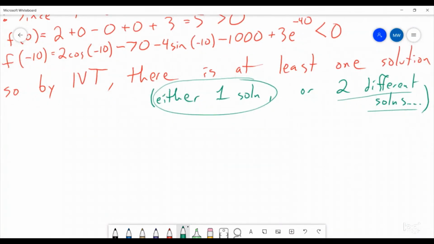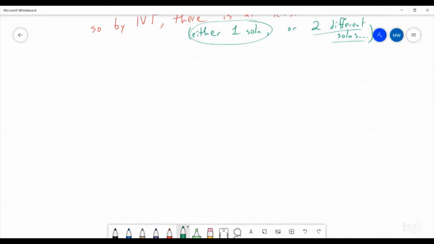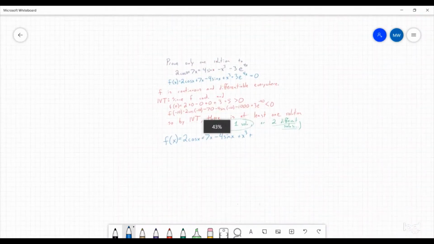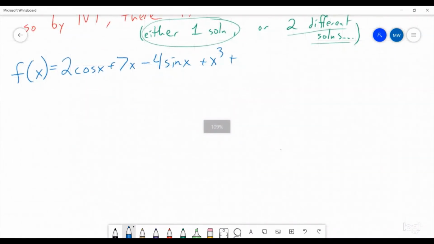So now, let's use the mean value theorem. I'm going to rewrite the function. So we have f of x is 2 cosine x plus 7x minus 4 sine x plus x cubed plus 3e to the 4x.